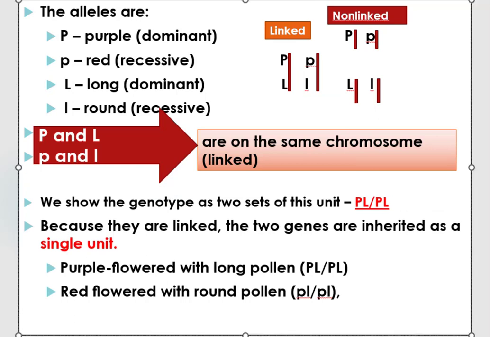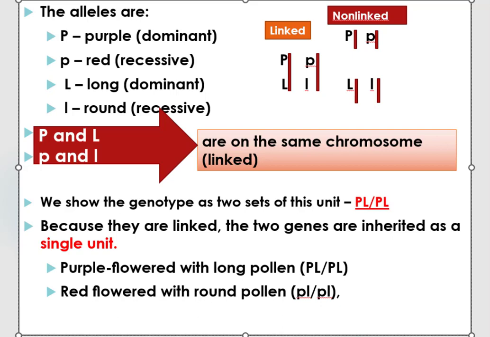We can show the genotype as two sets of this unit: capital P capital L slash capital P capital L. Capital P capital L before the slash indicates that these two alleles are found on the same chromosome, whereas capital P capital L after the slash indicates that these two alleles are found on the same chromosome, or they are linked.